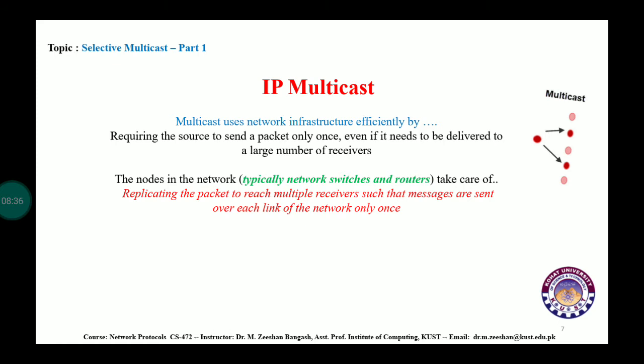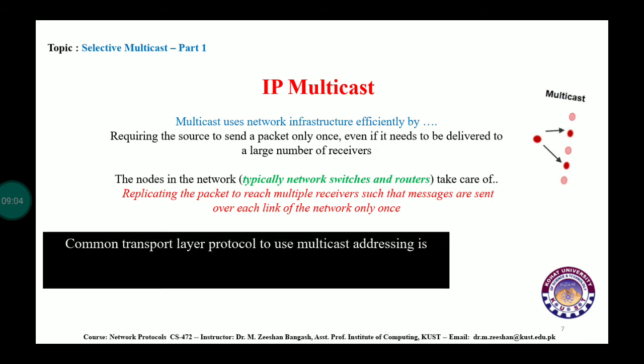So it's not the responsibility of the sender to transmit the packet on multiple links, but the intermediate nodes, which are basically the switches and the routers, that take care of sending or replicating the packet on multiple interfaces to enable them to reach the multiple destinations or the multiple receivers.